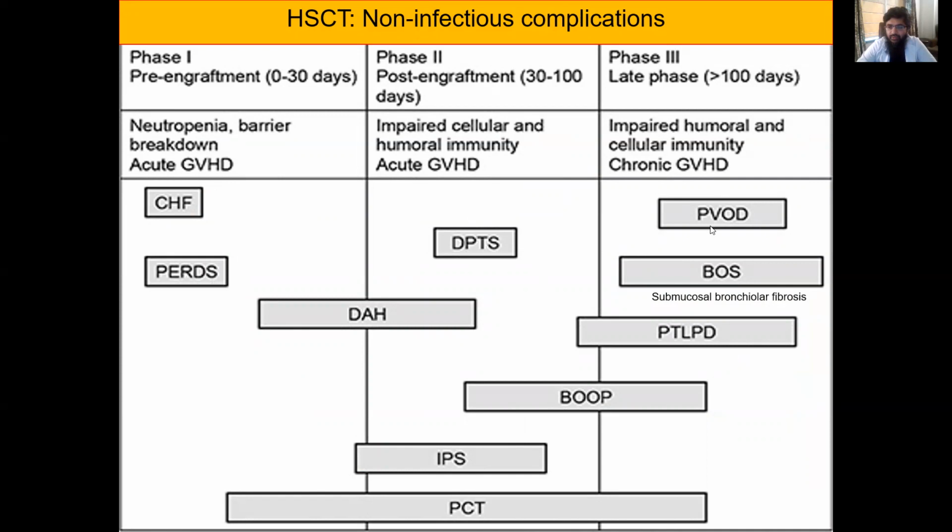And finally, in the last phase, it could be pulmonary veno-occlusive disease because of the proliferation of endothelium inside the venules, or a proliferation of the epithelium inside the bronchus, leading to bronchiolitis obliterans syndrome.